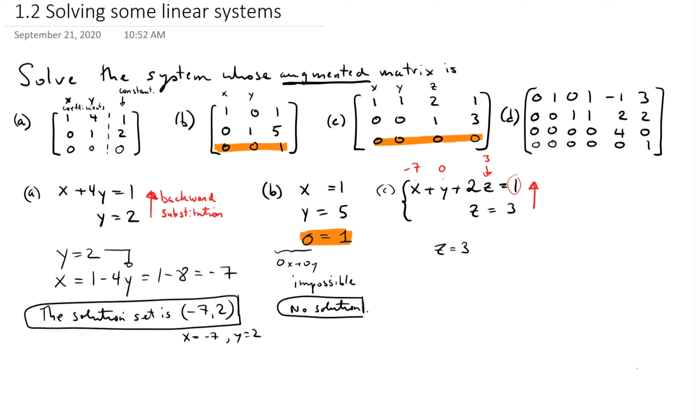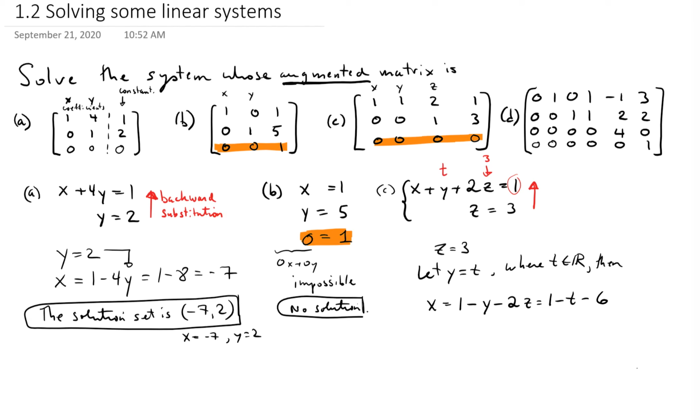So since there are infinitely many possible values I can assign to Y, I will say, oh, Y is going to be my T, my parameter T. Let Y equals T, where T is my favorite real number. Then X is, let's solve the first equation for X. X is 1 minus Y minus 2Z. So that's 1 minus T minus 6. So as soon as I assign a value to Y, X is now fixed.